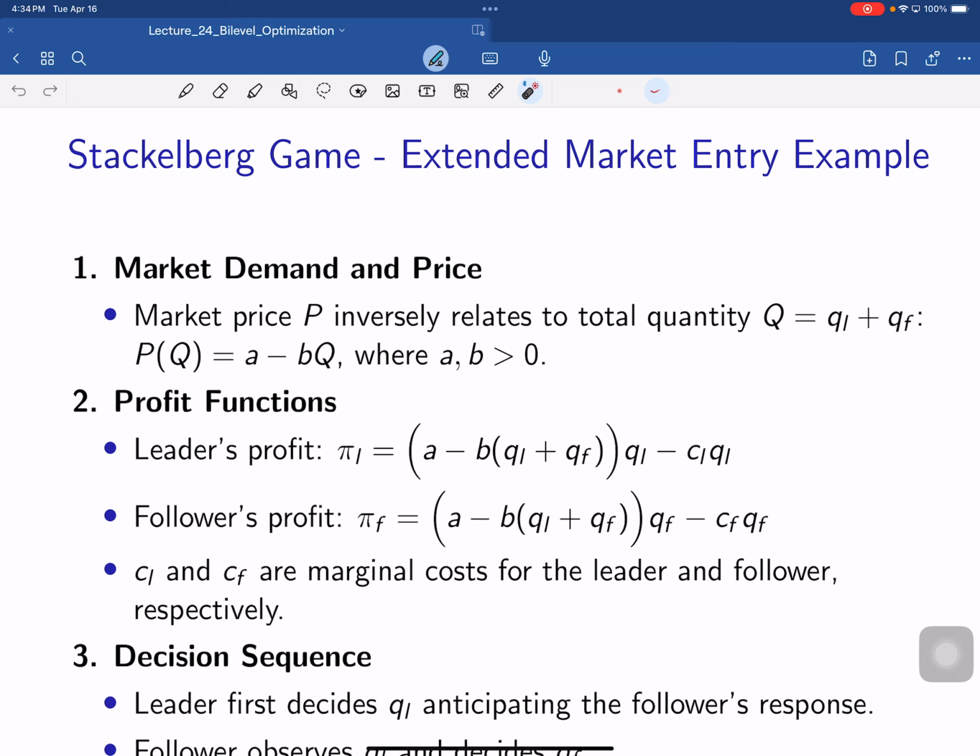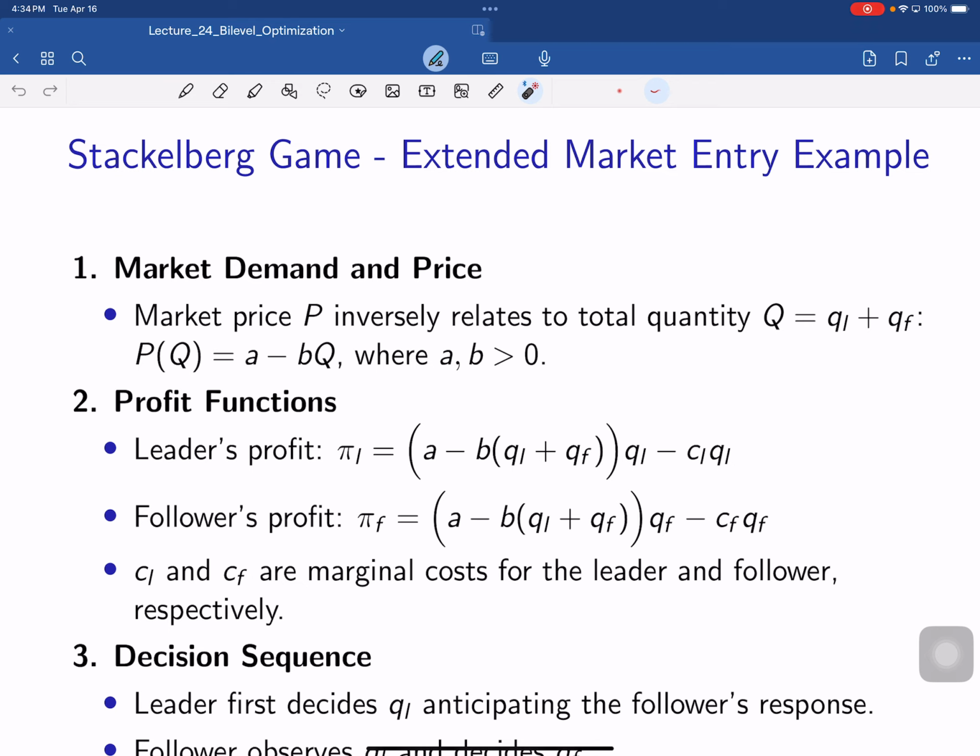Here, let's assume we have two vendors in this market where the total quantity they produce is capital Q, where the leader produces Q sub L and the follower produces Q sub F. We can assume the leader is a dominant company which first takes their decision, then the follower will observe how much the leader produces and take their follow-up decision.